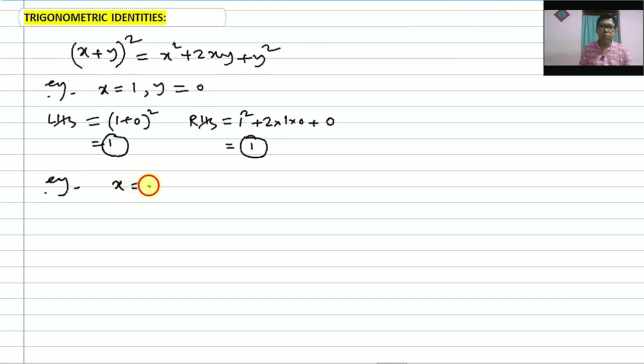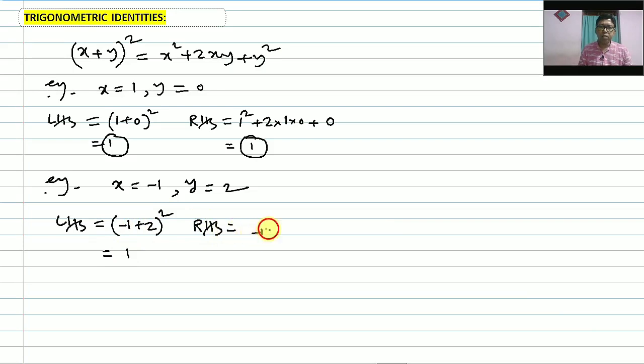Say x is equal to minus 1 and y is equal to 2, such that on LHS you are getting minus 1 plus 2 whole square. So 1 square is equal to 1, and put these values on RHS also.